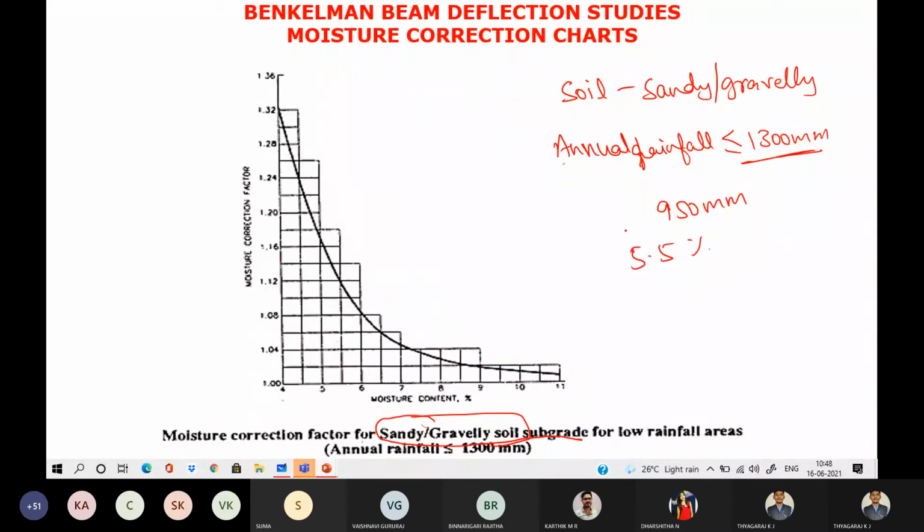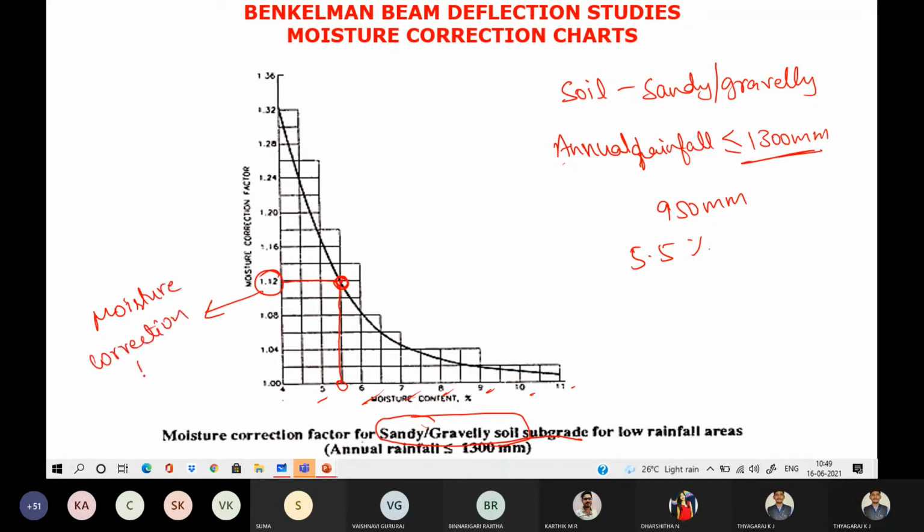You carefully observe here: 5, 6, 7, 8, 9, 10, 11. For 5.5%, draw a line vertically. It will cut the curve here, and the horizontal reading will be the moisture correction factor.